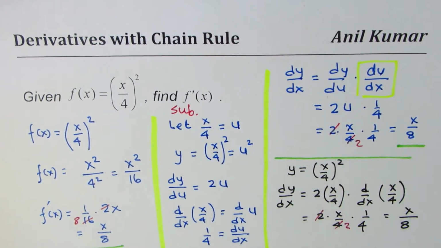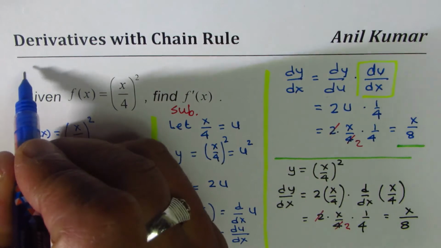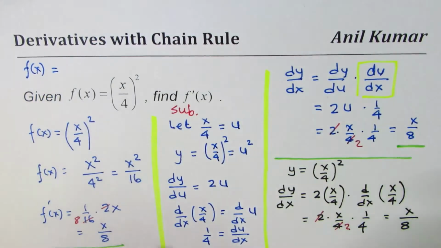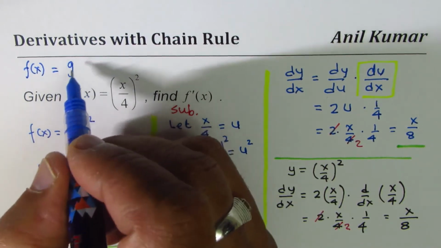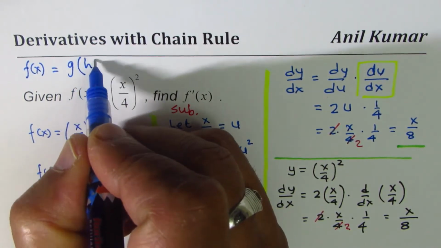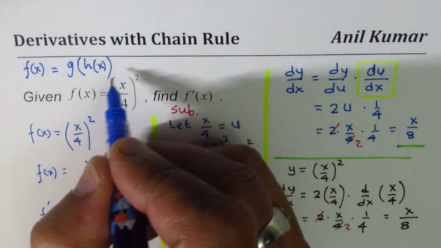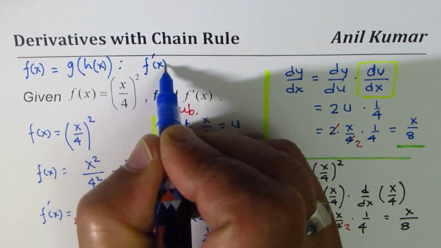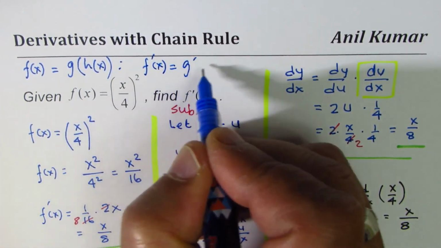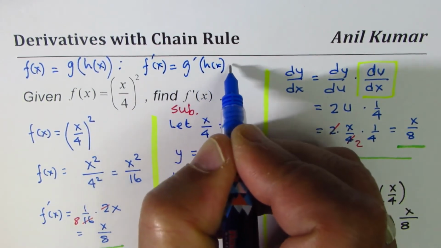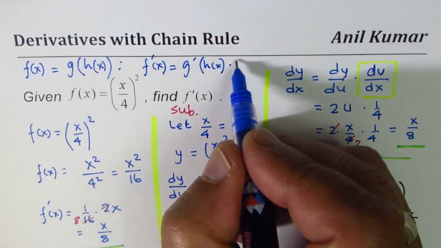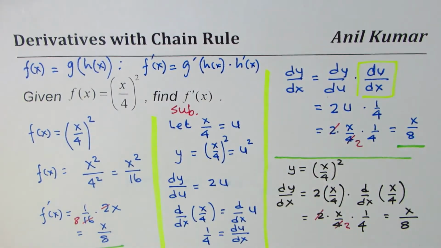So the rule here is, if f of x is equal to g of h of x, for example, a function inside a function, then the derivative of this function is the derivative of the outside function times the derivative of the inside function. And that's the chain rule, correct? So in this, which looks seemingly simple, we have applied the technique of the chain rule.